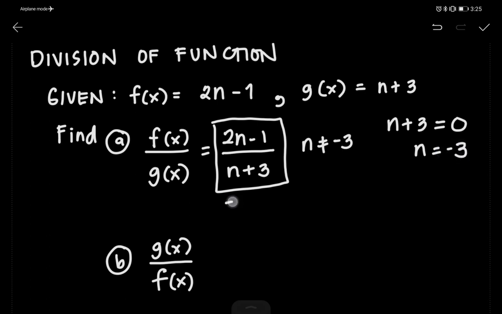So negative 3 plus 3 is equal to 0. That is why we have the restriction that n must not equal negative 3.